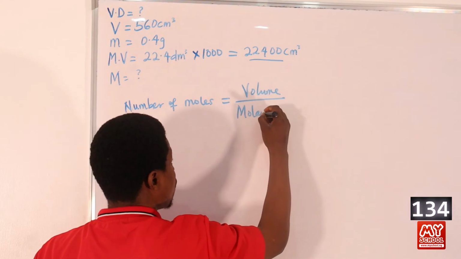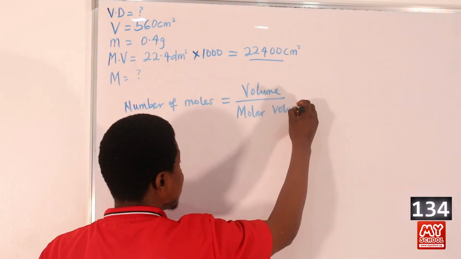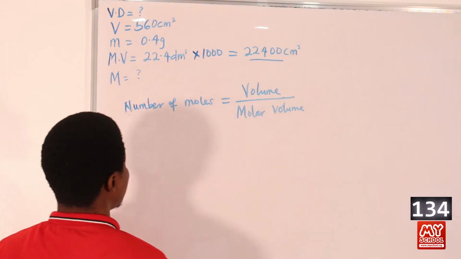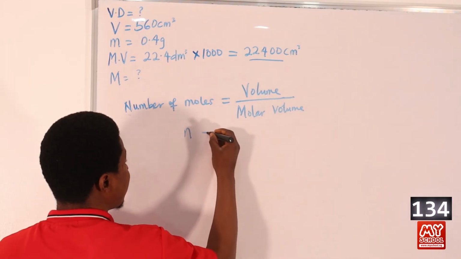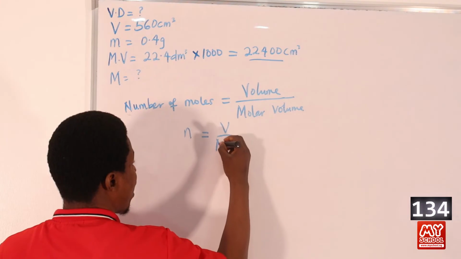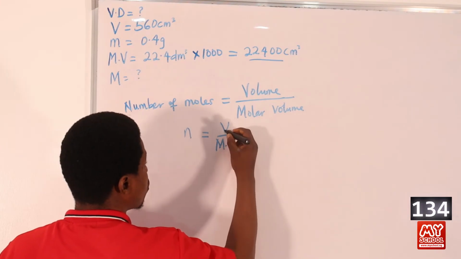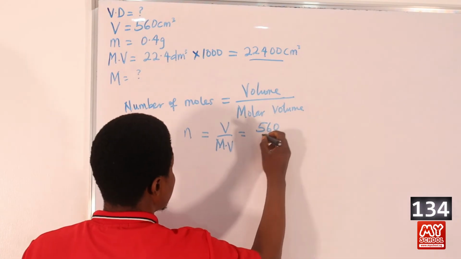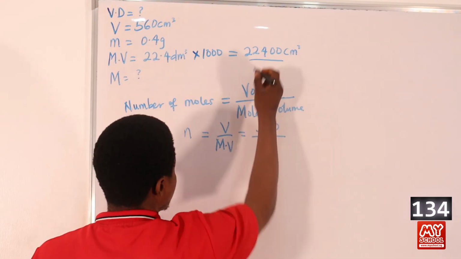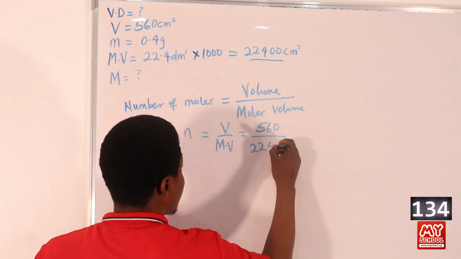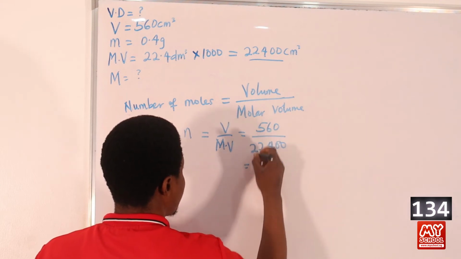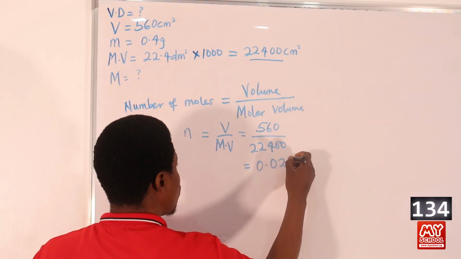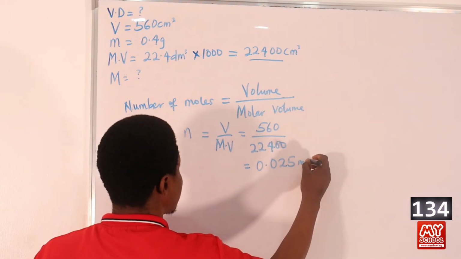Molar volume is a constant, 22.4 dm³ or 22,400 cm³. So n equals V over MV, which is 560 cm³ over 22,400. Using your calculator, we have 0.025 mole. That is the number of moles.